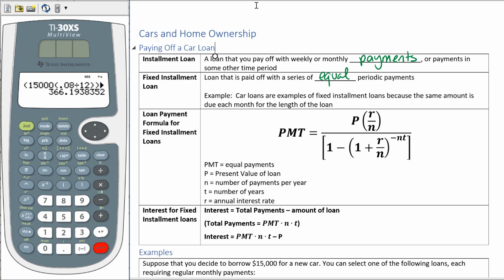Before, it was last. So the total payments minus the amount of the loan. Now the total payments are the payment per month times the number of months times the number of years. That's how much you're going to end up paying. Then we subtract off what you really owed on it, and that gets the interest. If you add those two values together, you'll get how much you actually had to pay over the course of your loan.